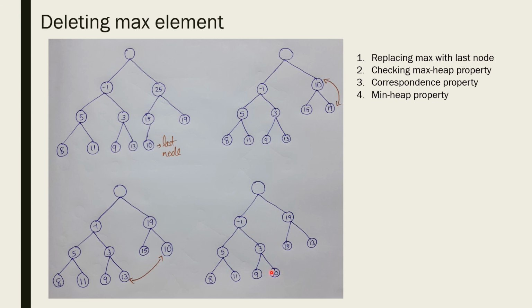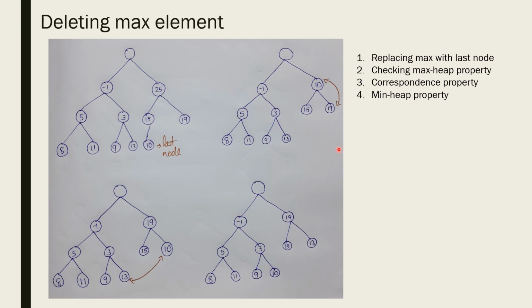Suppose this element we added was minus 5, then it would be a min heap violation. We have to exchange it with this 3, and again it will be a min heap violation, so we exchange again. So 3 will come here, minus 1 will come here, and minus 5 will come here. That is how we do a maximum element deletion.